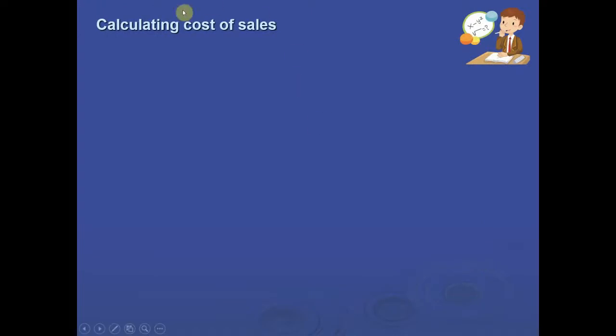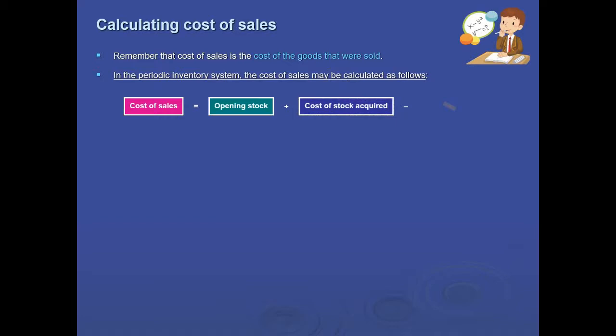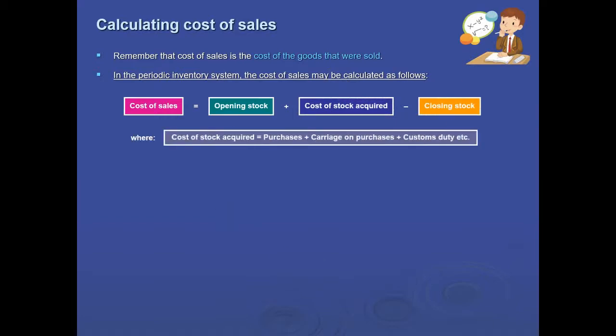So speaking of which, let's illustrate it here. Remember that the cost of sales is the cost of the goods that were sold. In the periodic inventory system, the cost of sales may be calculated as follows. It is equal to the opening stock, the debit side of the trading account, plus the cost of the stock acquired minus closing stock, where cost of stock acquired is our purchases plus carriage on purchases plus customs duty.